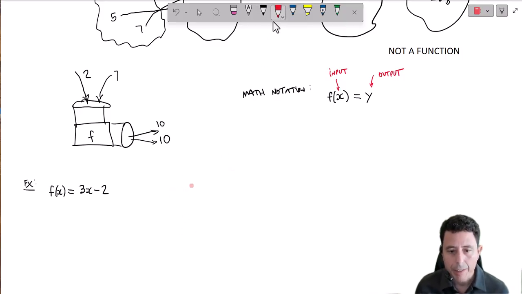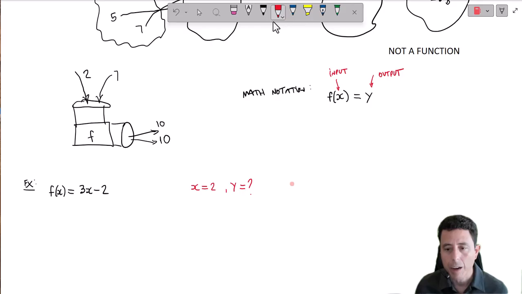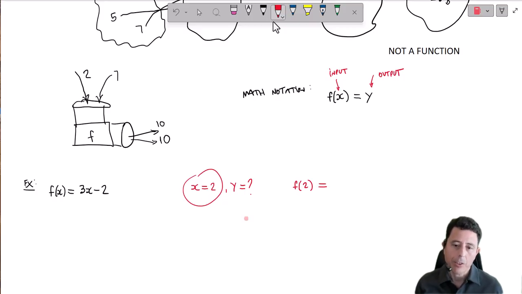Well, it means that if x is, let's say, 2, what will be the y? What will be the output? If x is the input, what will be the output? Well, you can find the output by plugging the 2, which is the input, into f. So you take x equals 2 and you put it right here inside the function f.